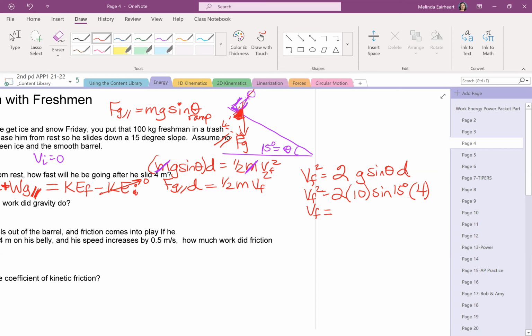Again, if you were a rebel and did kinematics and forces, you'd have to find the acceleration with forces and then use kinematics to find the final speed. You should get the same answer.